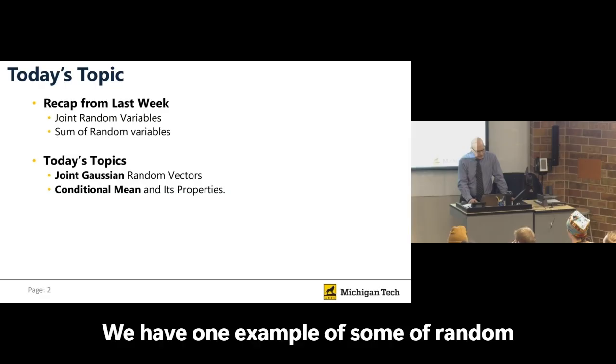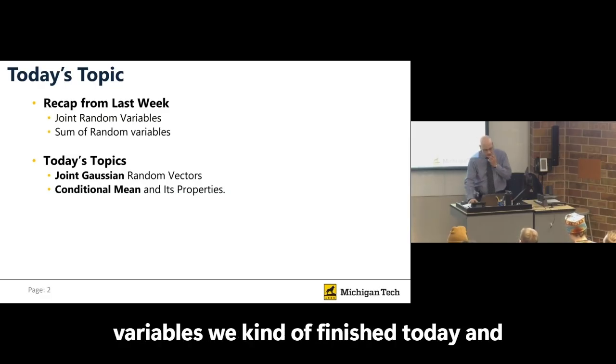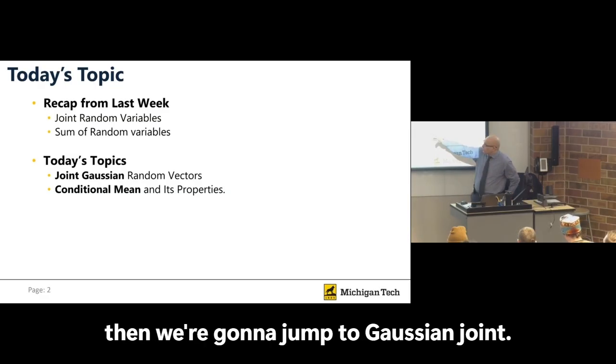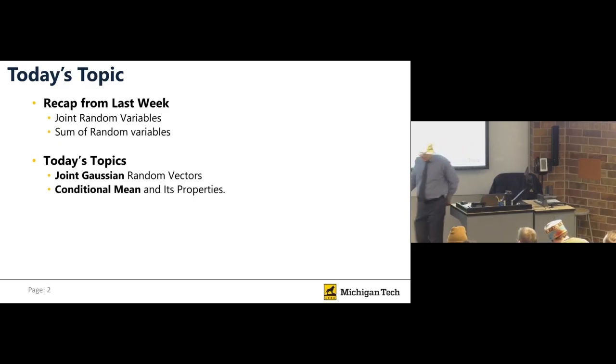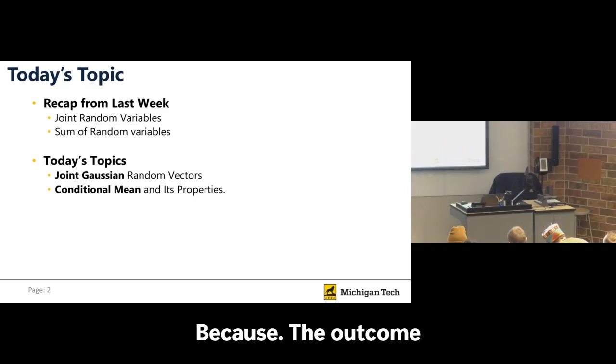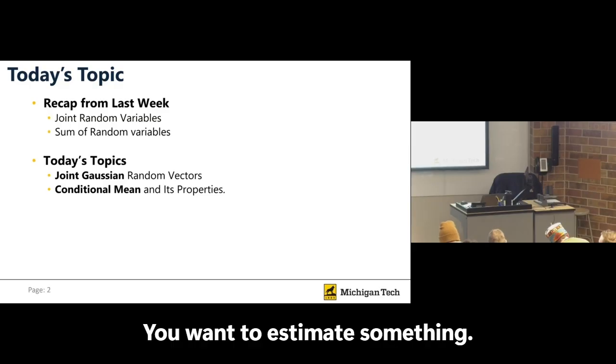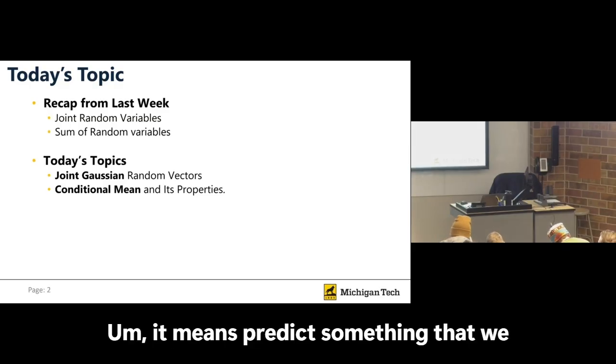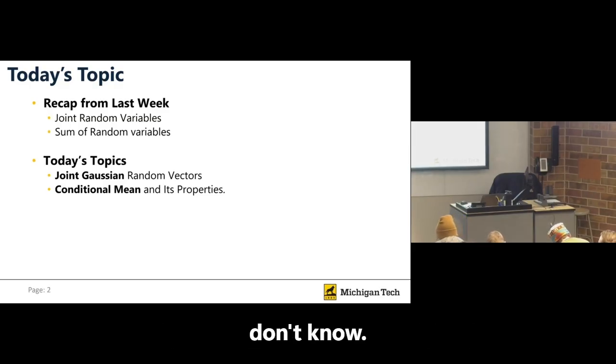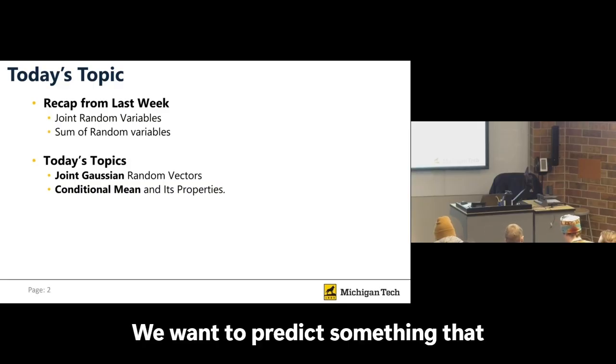We have one example of sum of random variables we're going to finish today. And then we're going to jump to joint Gaussian, because the outcome of this week is to do estimation. You want to estimate something. It means predict something that we don't know. We want to predict something that we don't know.